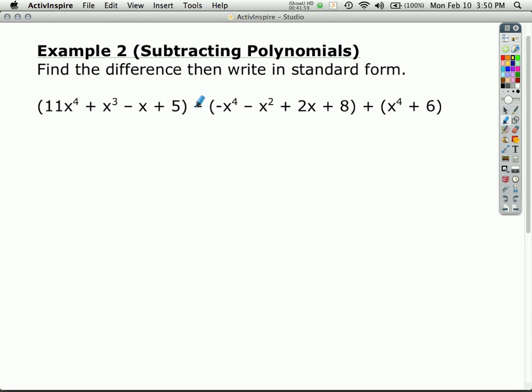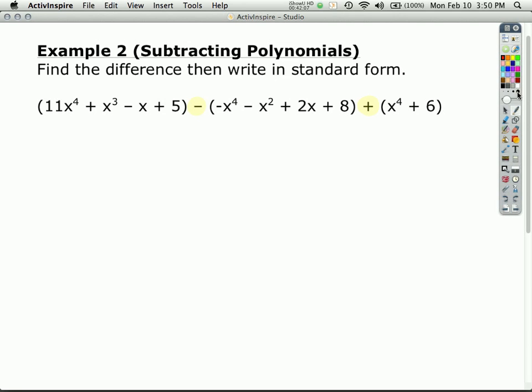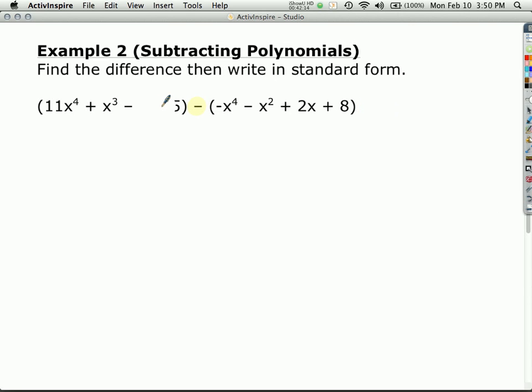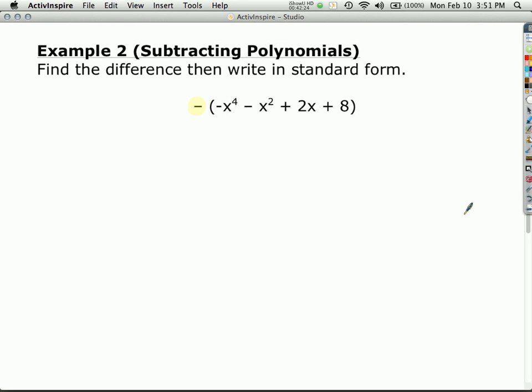We have subtraction here and addition here. But it doesn't matter, because you already know what to do. What if I took all of this off? What if I took this, and I took all of that? What would you do to that expression? What would you do to it? Maria? No, distribute. And what's the shortcut for that?